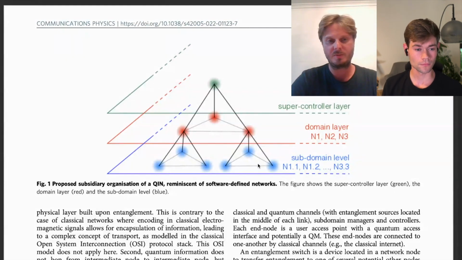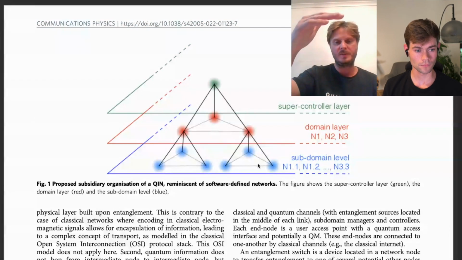I don't know if it answers your question, but this hierarchy ensures that you can have upper authorities.